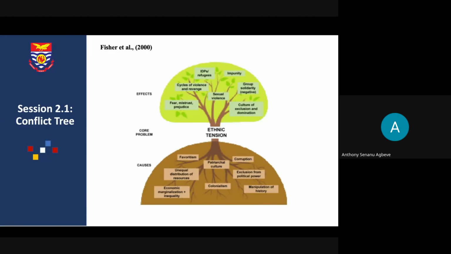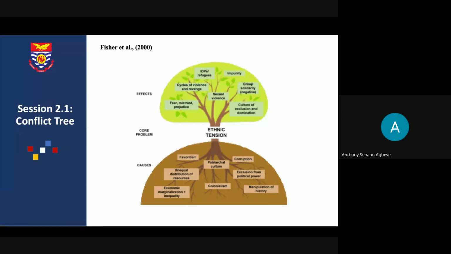Is it inequalities, favoritism, corruption, chieftaincy disputes, exclusion from political participation or political power, manipulation of history? So for example, when you take the exclusion from political representation or power, during the 2020 elections, a constituency was not allowed to have or did not vote for political representation in parliament.